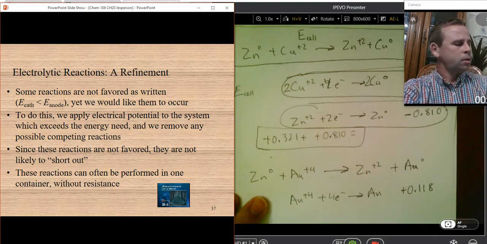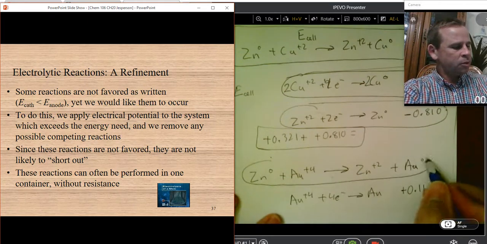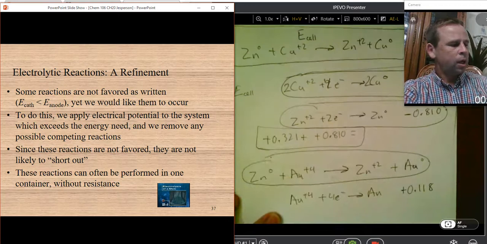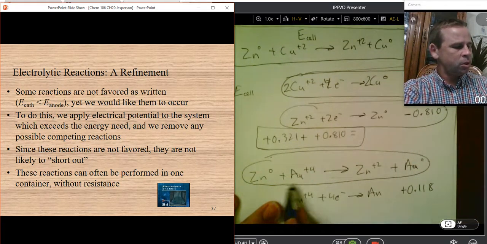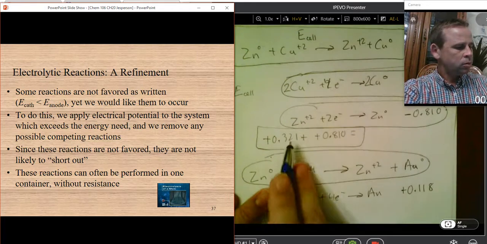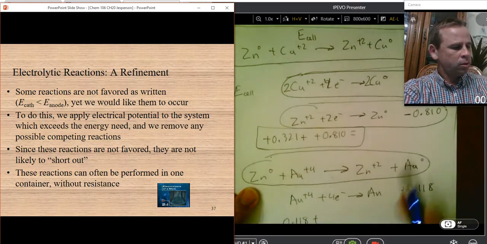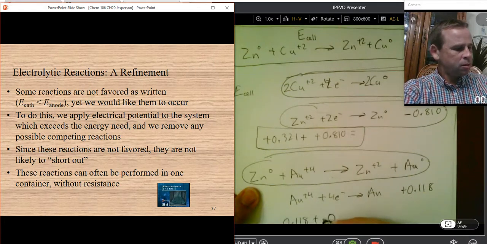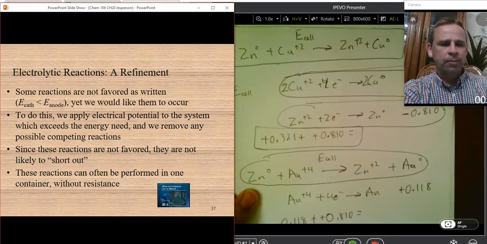All right. Now, if I wanted to find the reduction potential for this reaction, I could, again, find out which one of these is occurring, and I see that this one's occurring in this reaction. So I would take my 0.118 and add it to, looks like the reverse of this is occurring, right? So add it to a positive 0.810, and that would be my E cell for this reaction. Okay?